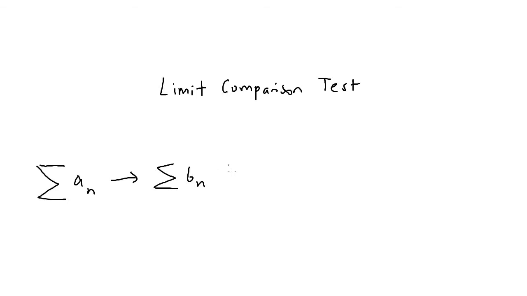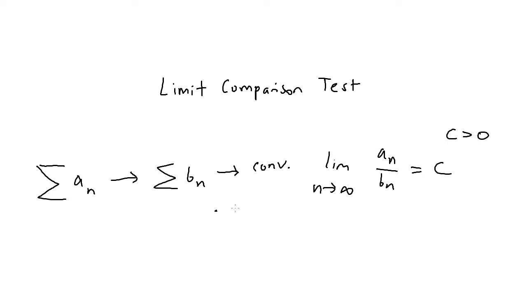Now if the series b sub n converges, and you take the limit as n approaches infinity of a sub n over b sub n, and you get some finite value c, where c is greater than 0, and remember it has to be a finite value, then both a sub n and b sub n converge as well.